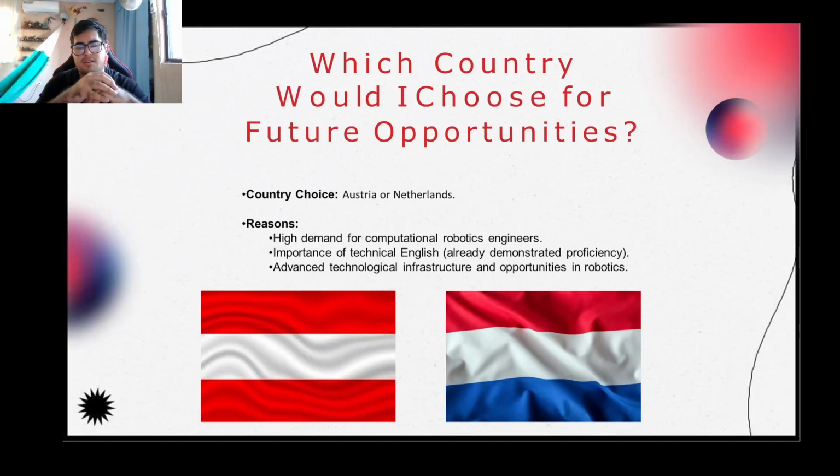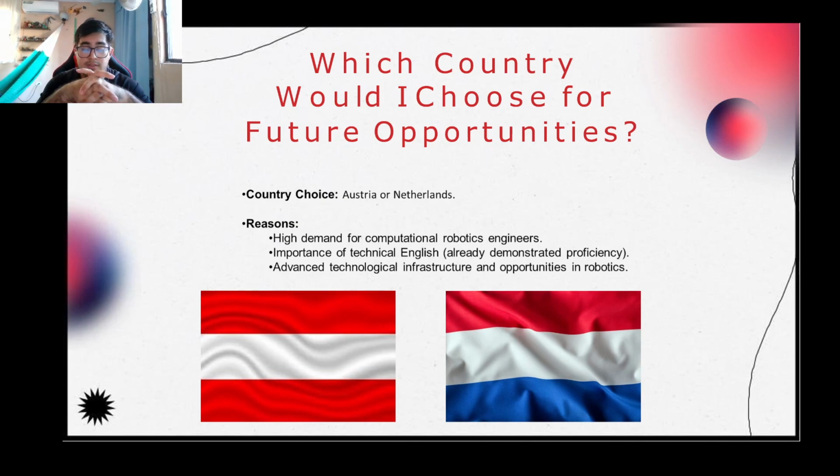And which country will I choose for future opportunities? Two countries, Austria and the Netherlands, basically because in those countries there is a lot of demand for computational robotics engineers, and that was really interesting.